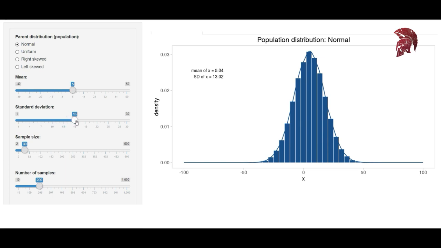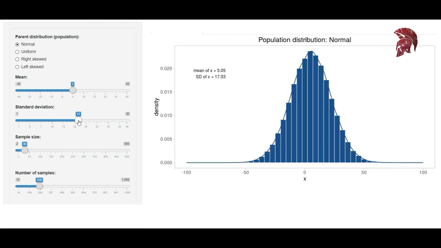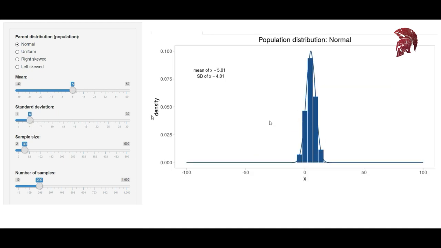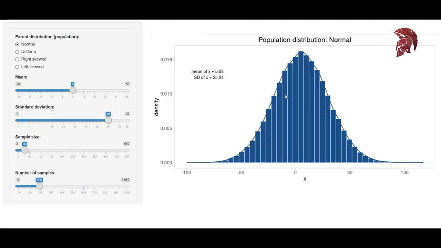If I increase it to 17, the inner area is increased. If I decrease it further to 4, the area decreases even more. In the same way, if I increase it again to 25, the spread, or the area under the bell-shaped curve, has increased.